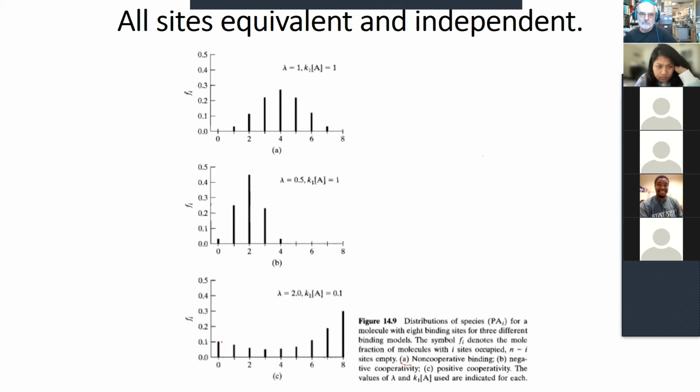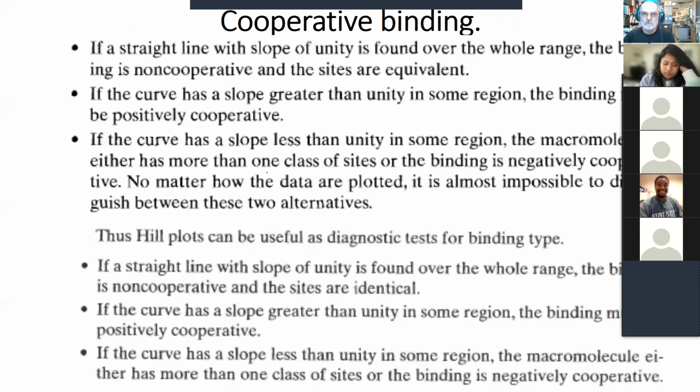And then the cooperative forms tend to push towards the high saturation forms. These are saturation or distribution curves showing you what things look like. We'll come back to that when we've discussed this a little more.